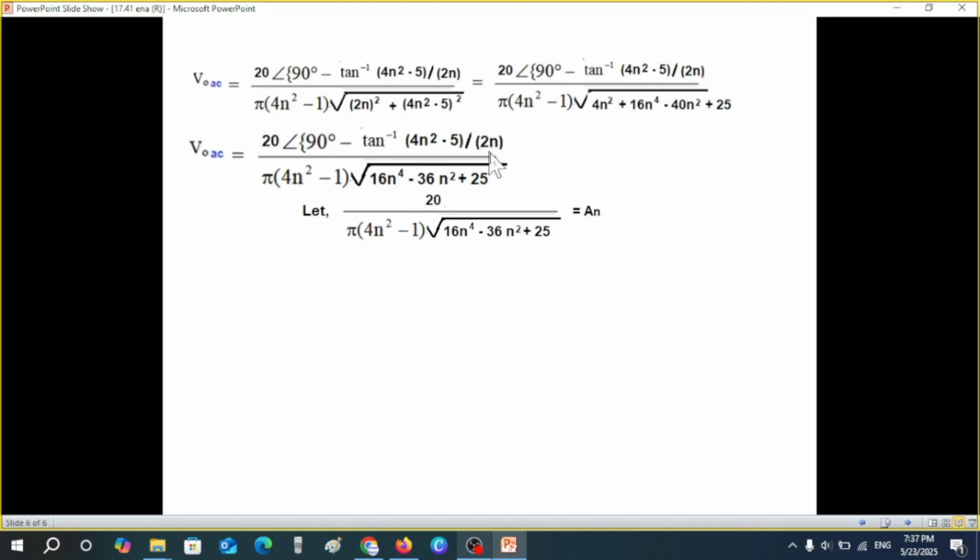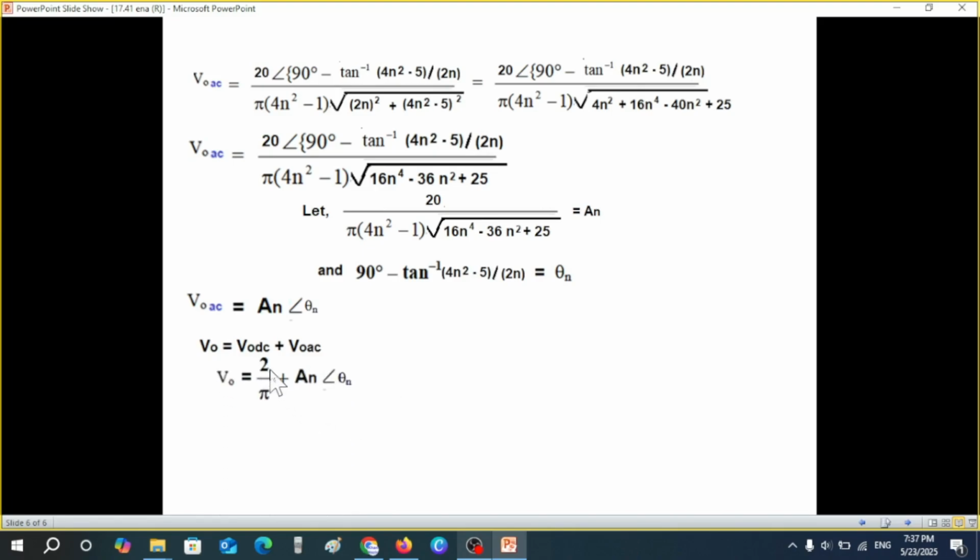And the angle part, we'll name it theta N. So this is theta N. That means our VOAC will be AN angle theta N from here. Now the total output will be VODC plus VOAC. VODC was 2 pi and VOAC is AN angle theta N.